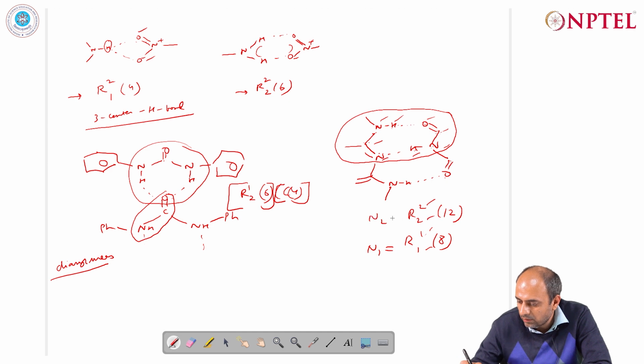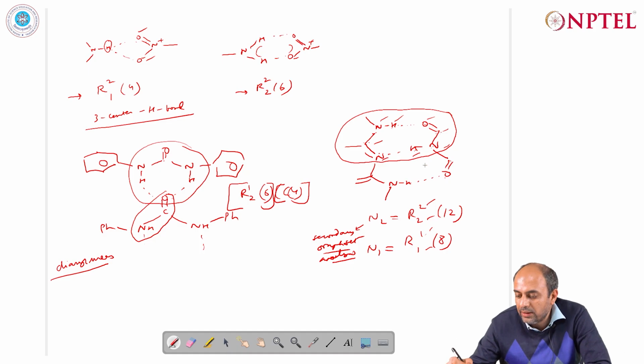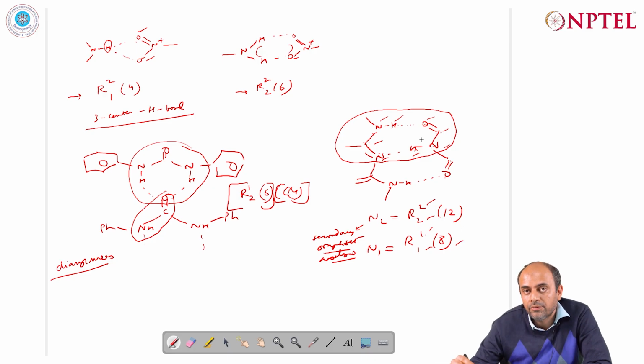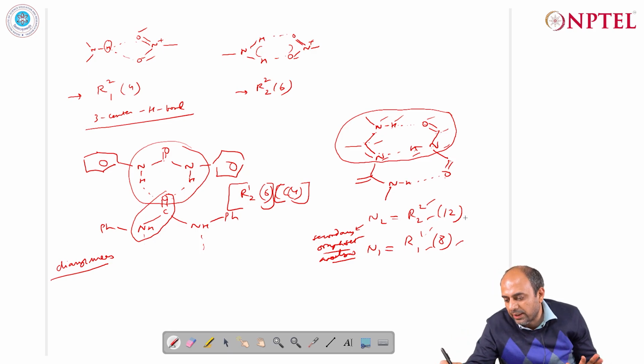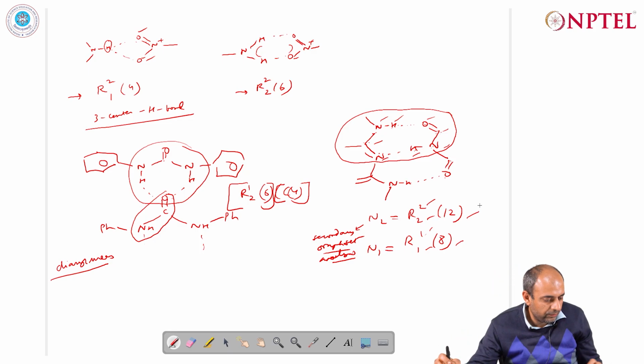This is the secondary graph set analysis. So instead of talking about two independent primary sets, we can talk about one independent primary set and a much larger graph set descriptor, which essentially covers the larger size motifs, represented as R2 2 12.